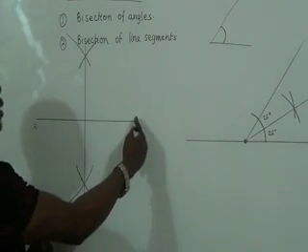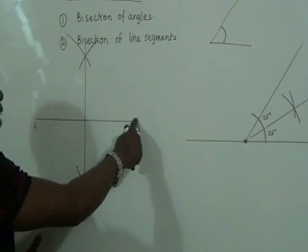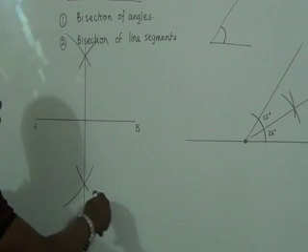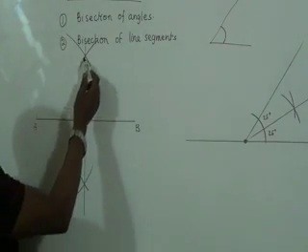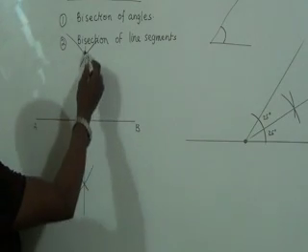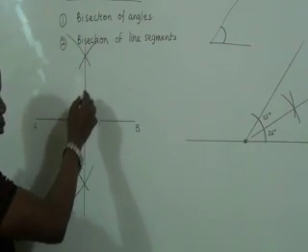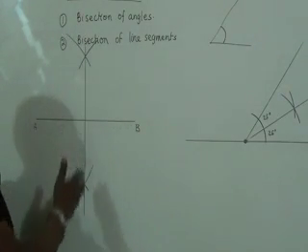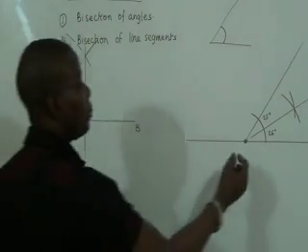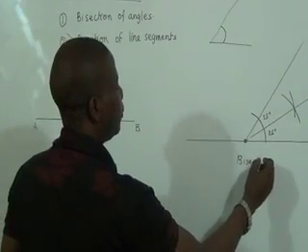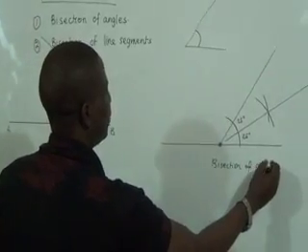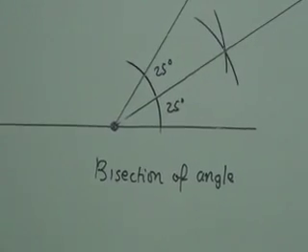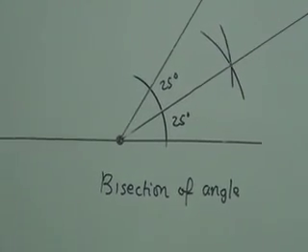And then we moved the needle end to B and did exactly the same thing. We also cut the first drawn arc like this. And then we saw 2 points of intersection, and eventually joined the 2 points together to have our line bisector. So this is a bisection of angle, with an angular bisector, and this one is bisection of line segments.